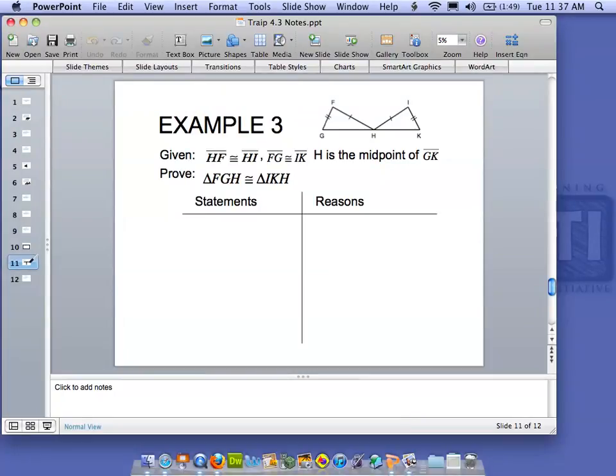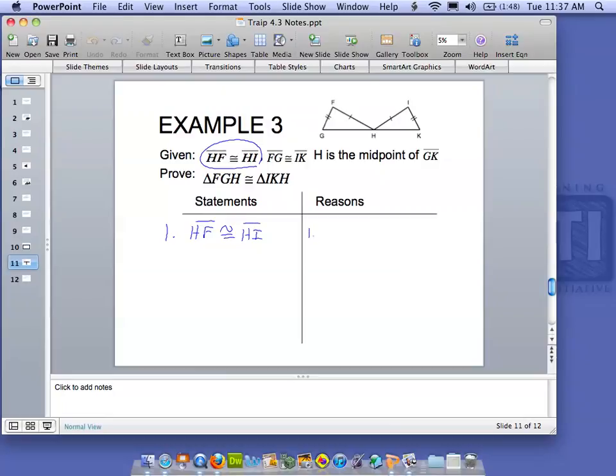Okay, so now we're going to actually do a real proof. And in this case, there's some given, and then they're asking you to prove that the two triangles are congruent. So this is the way we do it. We take the givens one at a time. So I'm going to start with the fact that HF is congruent to HI.